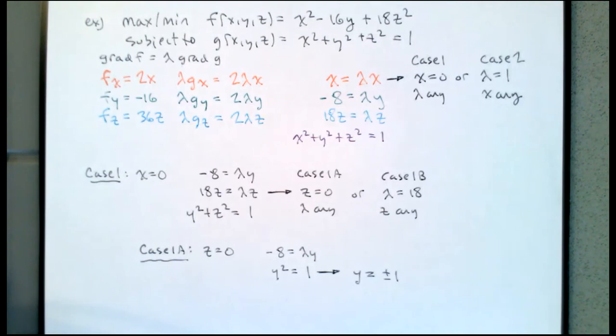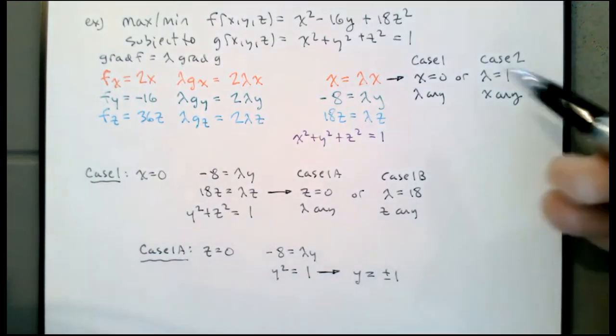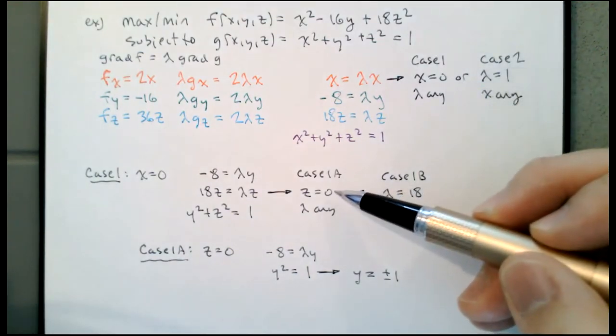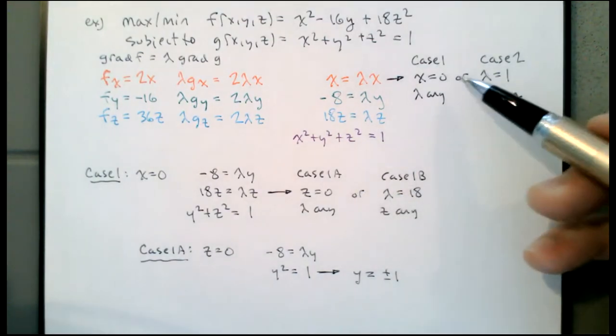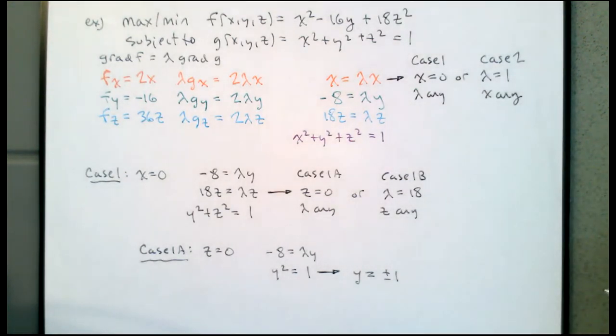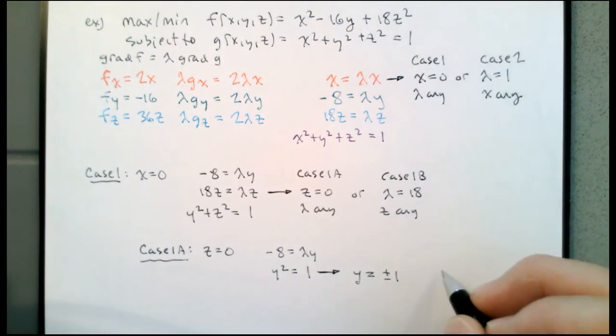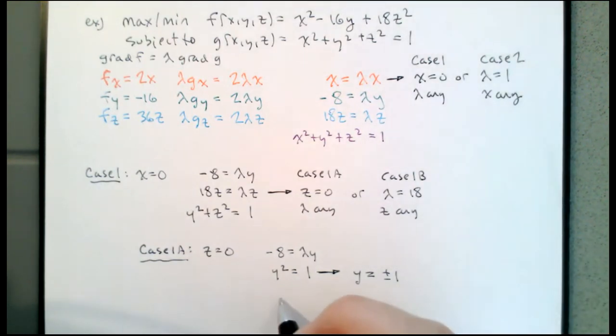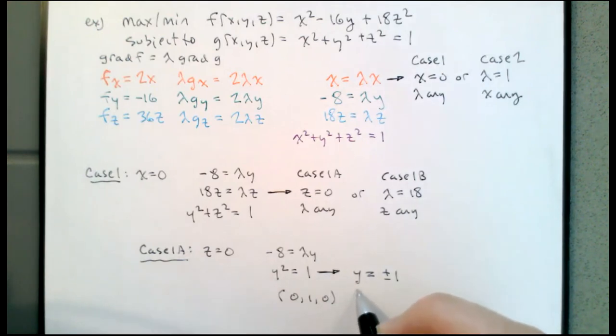Now we can start backing out. So this gives us 2 values for x, where x is 0, and then we drill down to z equals 0, and then we found out if x is 0 and z is 0, then y has to be plus or minus 1. So right now we've got 0, 1, 0, and 0, -1, 0.